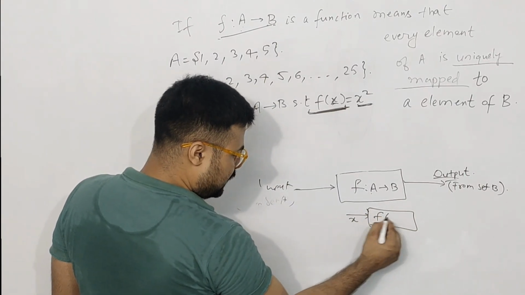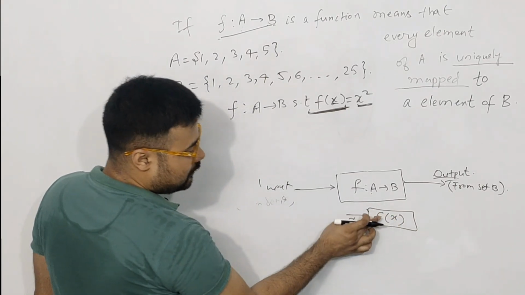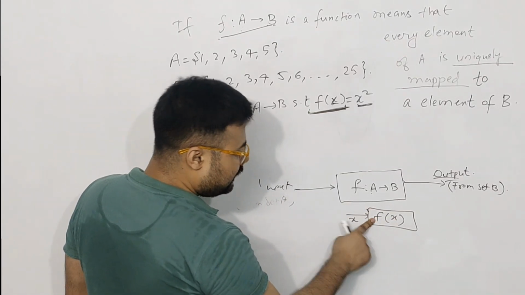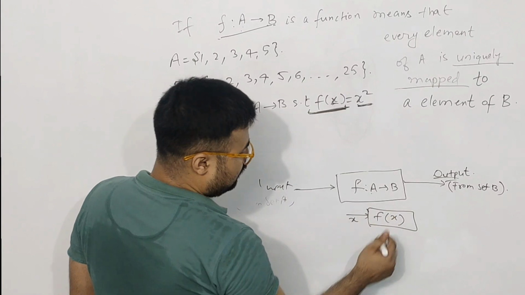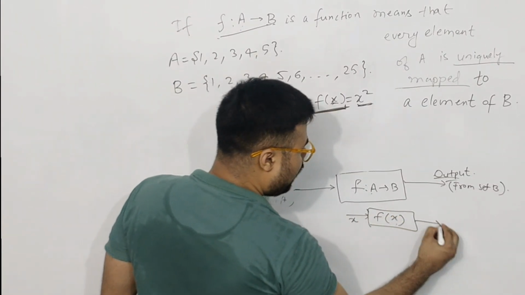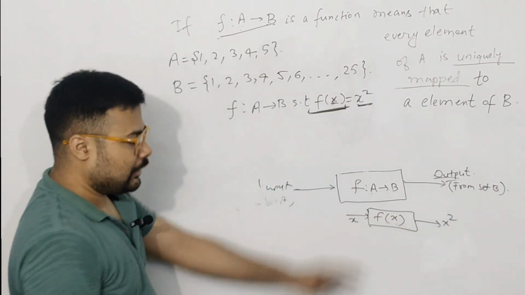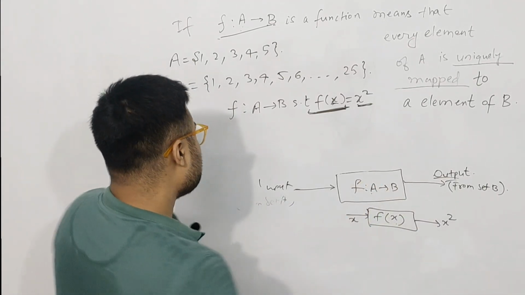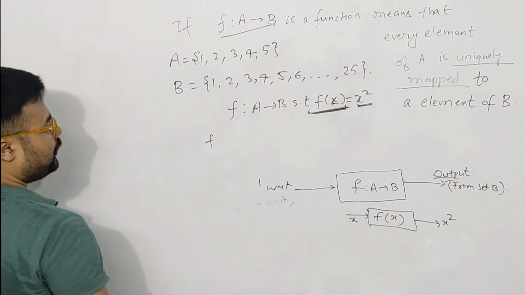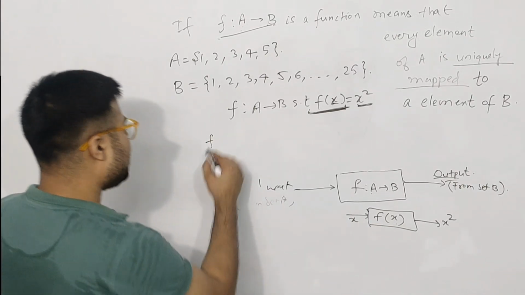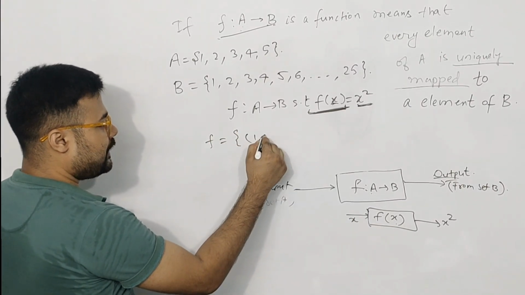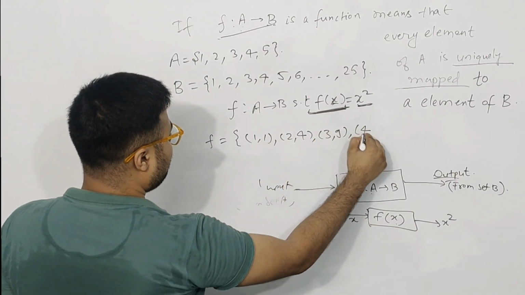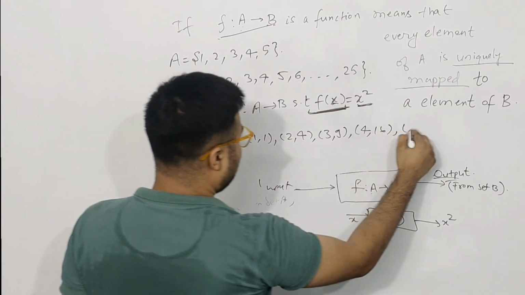You give x as an input, the function will use the rule on this x, and the output is x square. So the rule is x square, and f of x means x square. If f is a relation, you know that f is equal to (1,1), (2,4), (3,9), (4,16), (5,25).